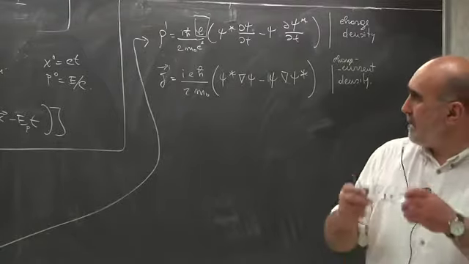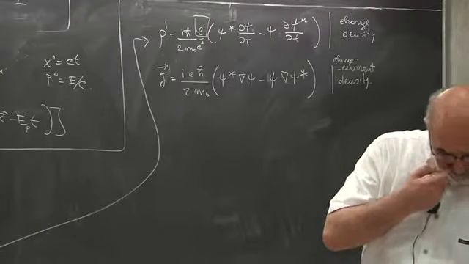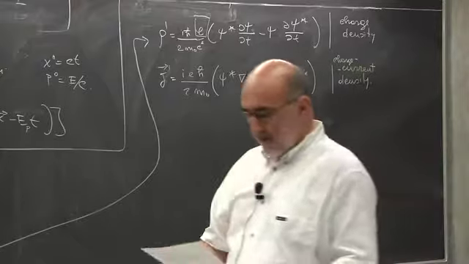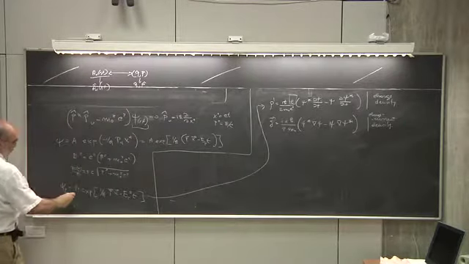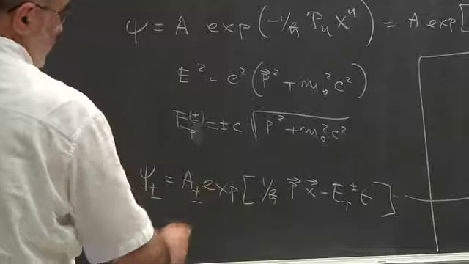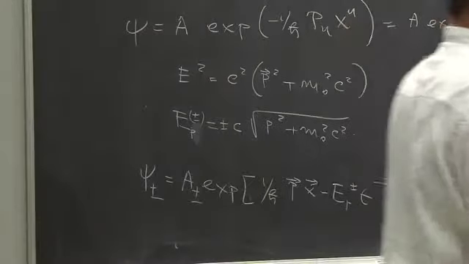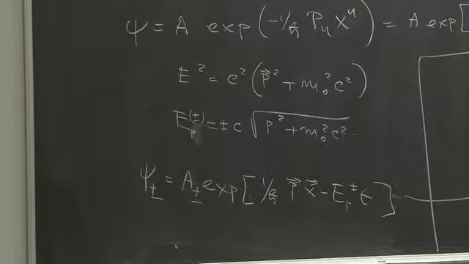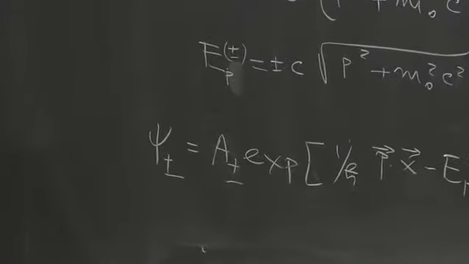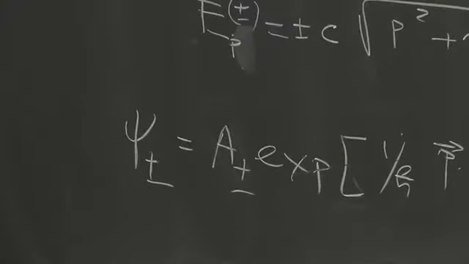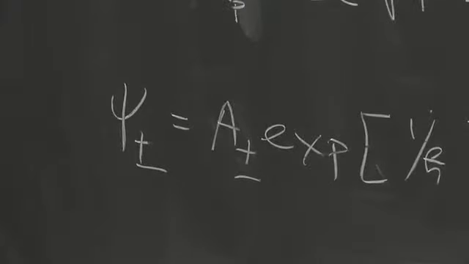Okay, now here we have two solutions, so we should put two coefficients, A plus and A minus. Let's see now if we can calculate it like we did with the Schrödinger equation. It's a very simple thing.